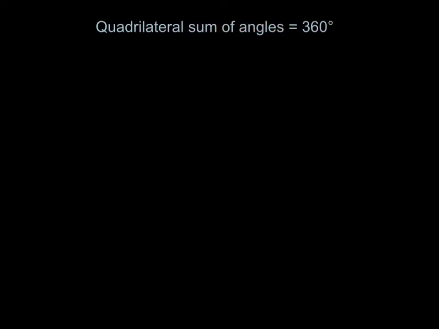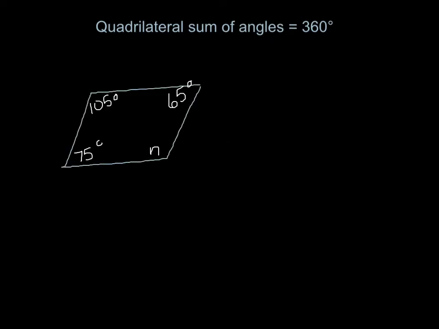Let's go ahead and try one more with another quadrilateral. Let's say we wanted to find the missing angle of this quadrilateral. We would set up our equation the same way, making sure that the sum was equal to 360 degrees.